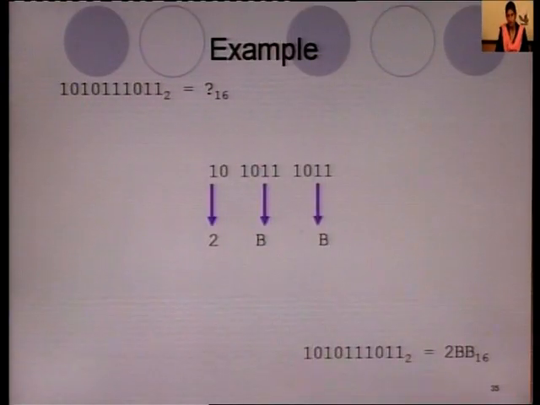Then the first group will be represented as B in hexadecimal, the second group will also be B, and the last group will be represented as 2. And the equivalent of that binary value 1010111011 is 2BB in the hexadecimal number system having base 16.